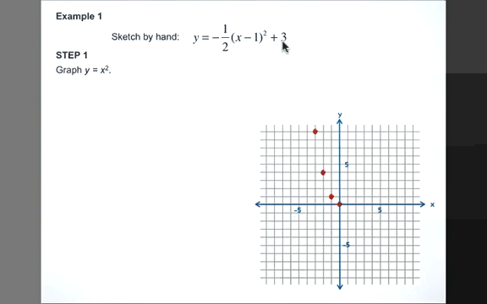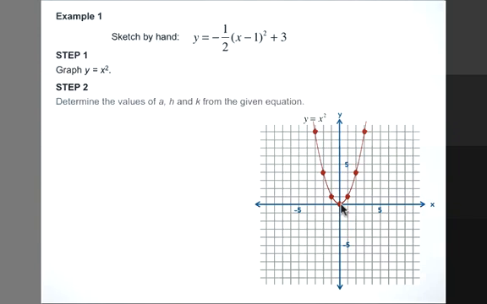We're going to have 7 points for this example. Here's our parabola for y equals x squared.